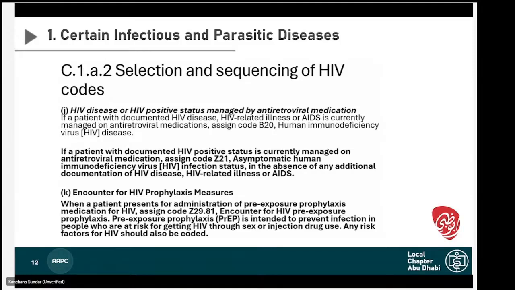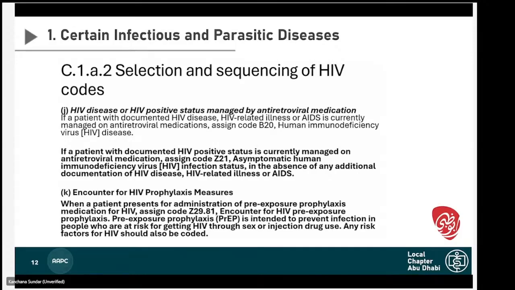Those who have a very good command of the guidelines know what I'm talking about, that there is no change with these guidelines. We are still going to code the antiretroviral medication along with B20 and Z21, that is the asymptomatic human immunodeficiency virus, and be it HIV related illness. We still have an opportunity to code for long term antiretroviral medication.